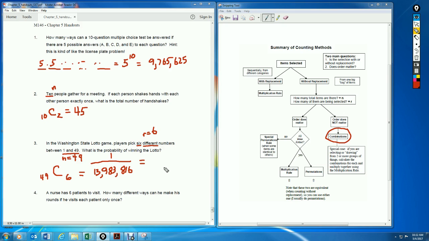In decimal form, 0 point, and I'm not going to write out all the zeros, but there are 7 zeros, and then 715. Okay, 7 zeros, 715. Or in scientific notation, 7.15 times 10 to the negative 8.